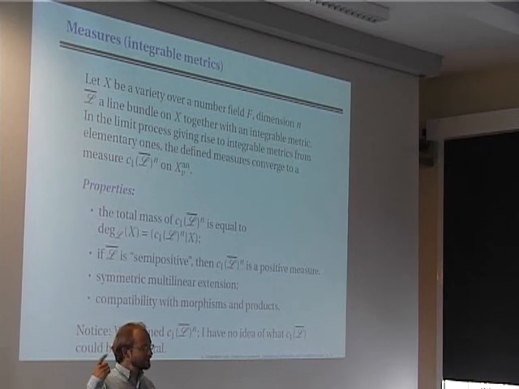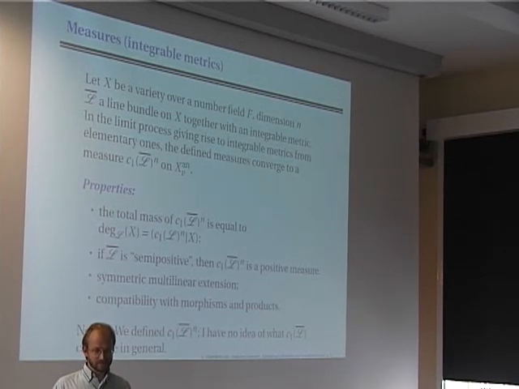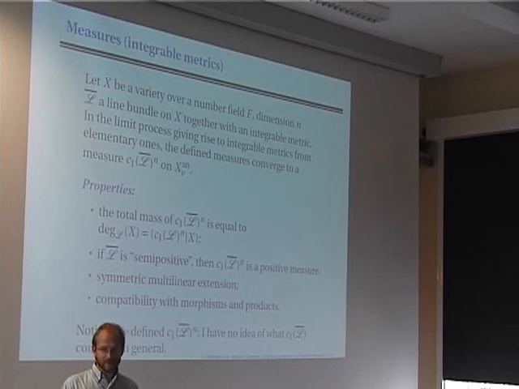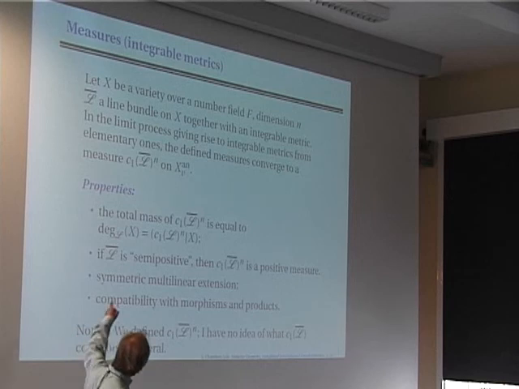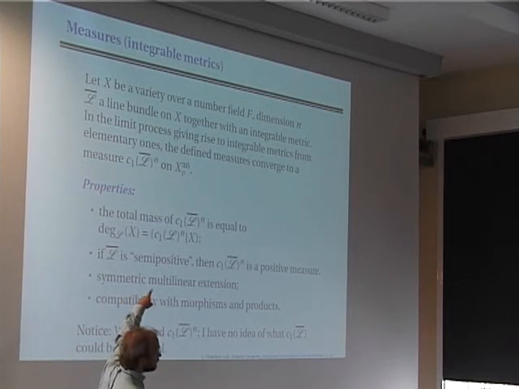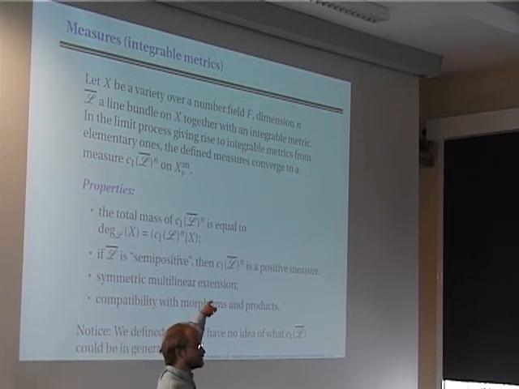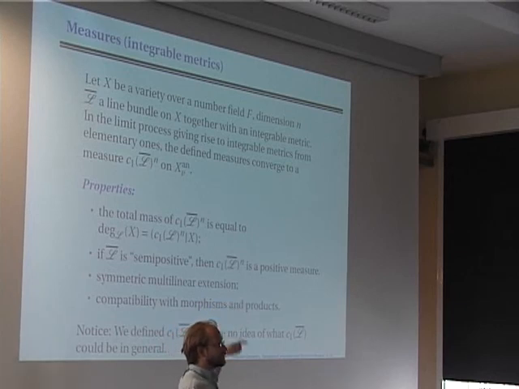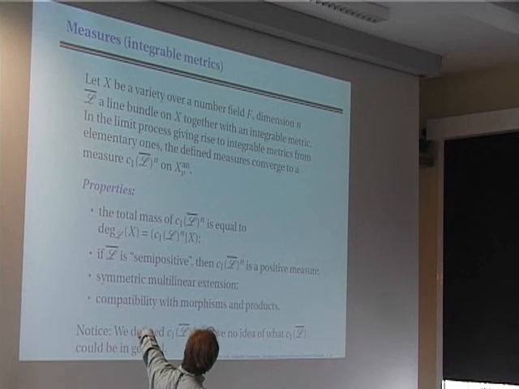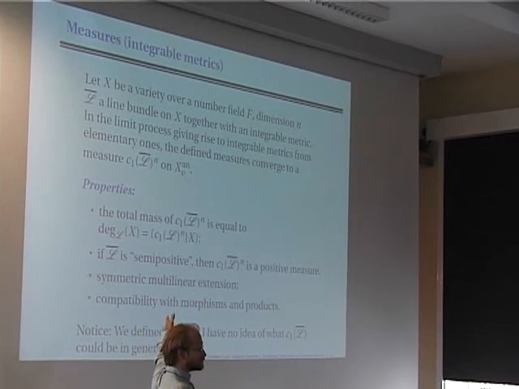And what makes the thing work is really positivity, that one can find anywhere. So that way, I have measure c1 of L bar to the maximal power on these Berkovich analytic spaces. And the properties of these measures are pretty much the same as in the complex case. The total mass of this measure is the degree of the variety.